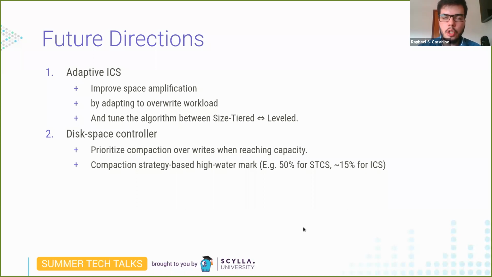It's good to mention that ICS could have a much lower watermark because it has a lower space amplification compared to STCS. So for ICS, we could have something like 15%, and STCS would need a higher watermark because it has a huge space amplification, like Ben explained.